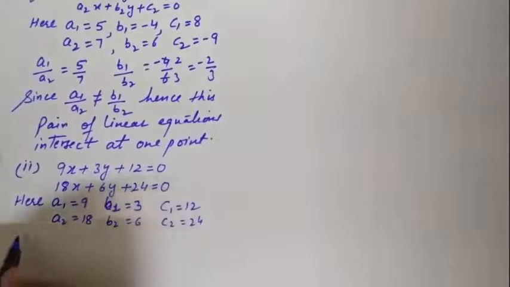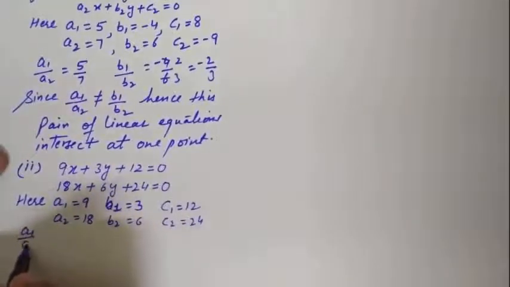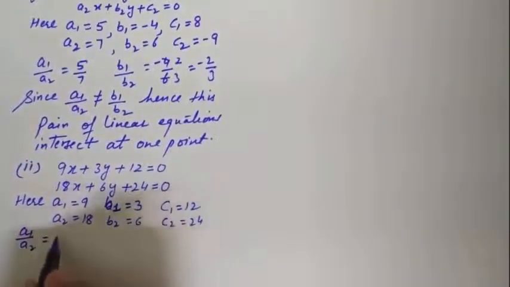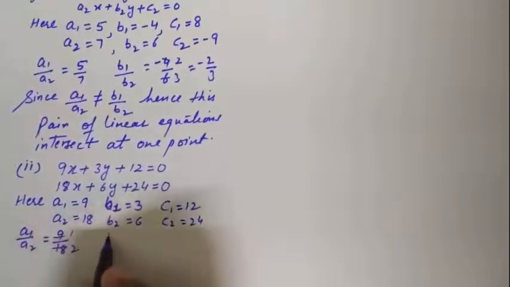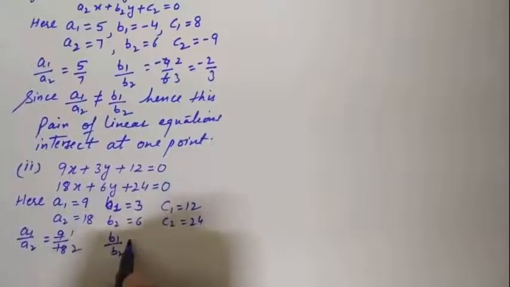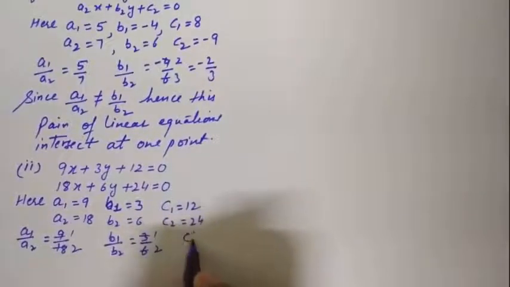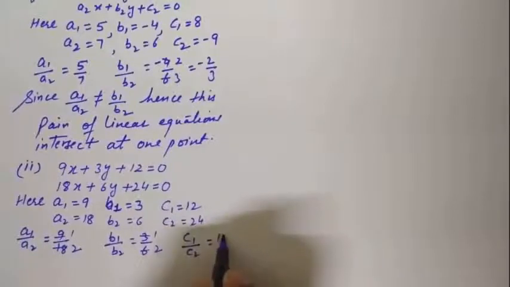If we find a1 over a2, it will be 9 over 18, that is 1 over 2, and b1 over b2 is again 1 over 2. c1 over c2 is also 1 over 2.